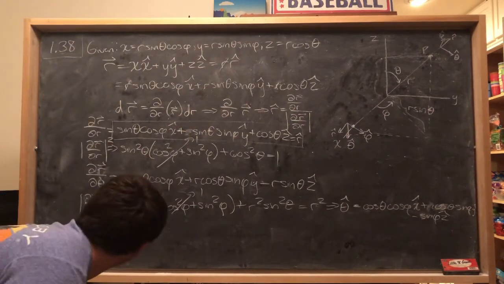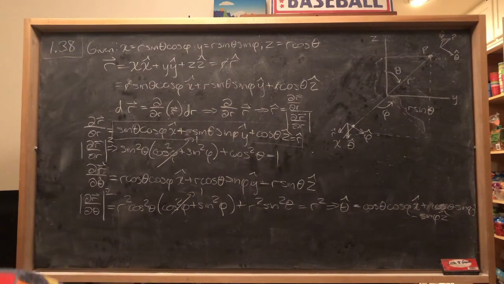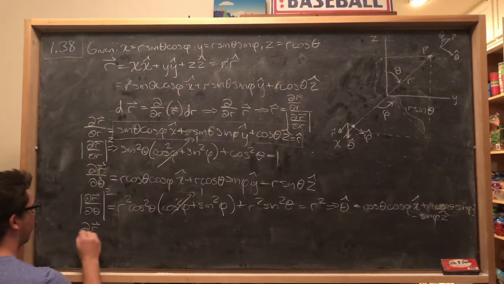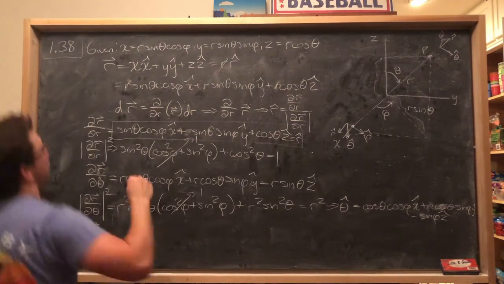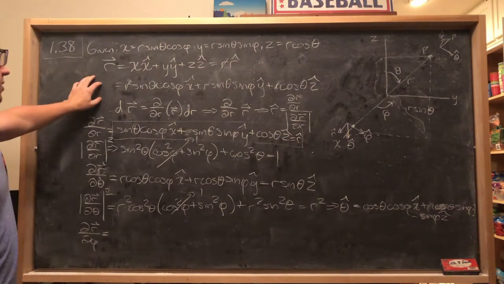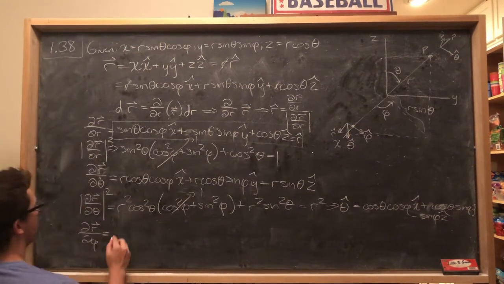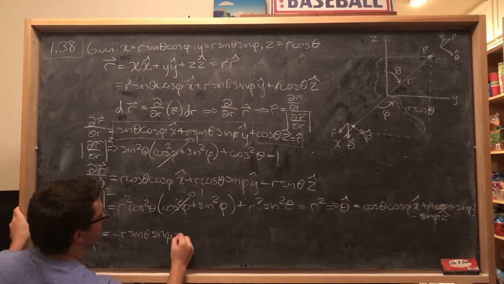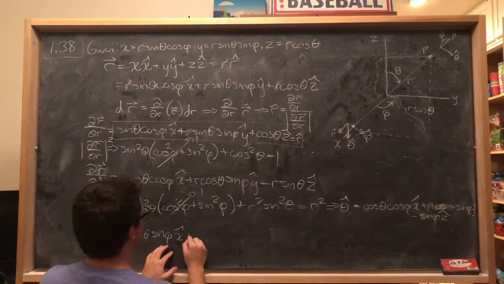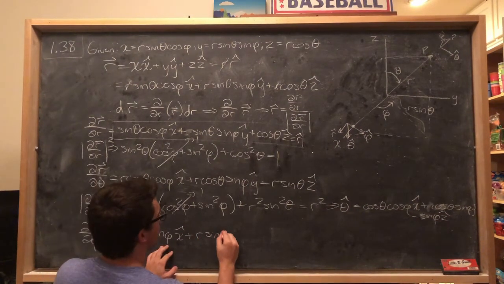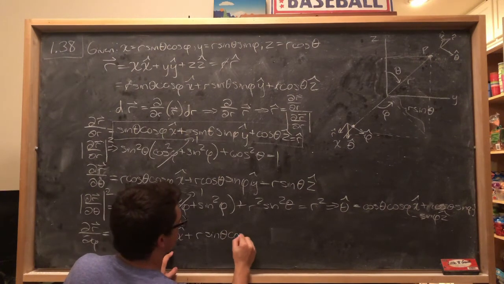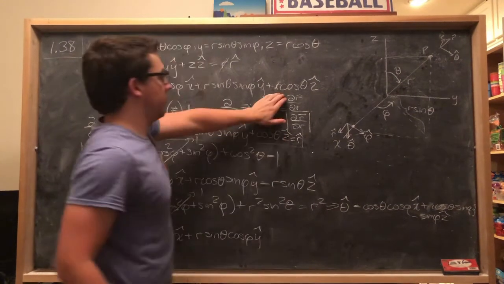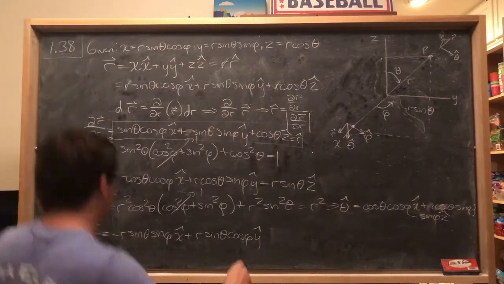Alright, so now finally let's get phi hat, and we're gonna again do that in the same way. Differentiate our position vector with respect to phi, and we'll get minus r sine theta sine phi x hat plus r sine theta cosine phi y hat, and there's no phi term in the z hat, so that just goes to 0.